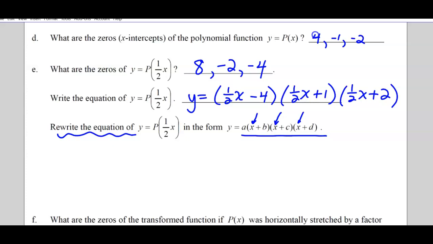Think about a grade 10 factoring strategy or skill, but sometimes students mess it up. Rewrite that in a factored form with coefficients of 1 on x, not a half. Factor a half out of every factor.